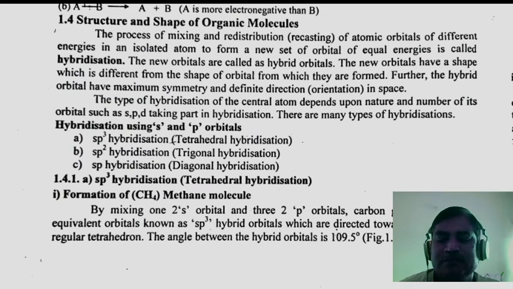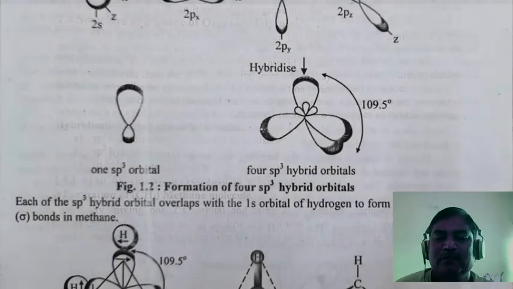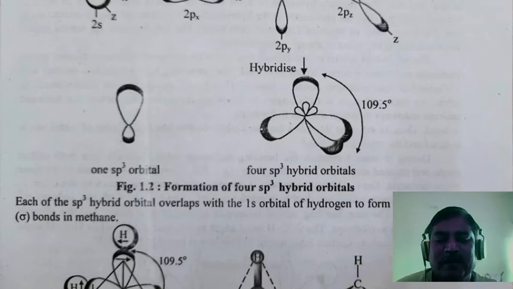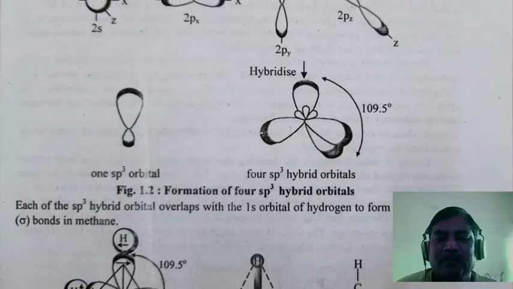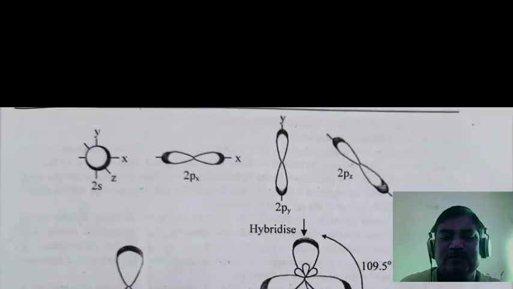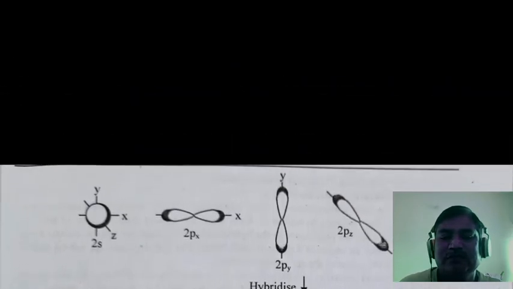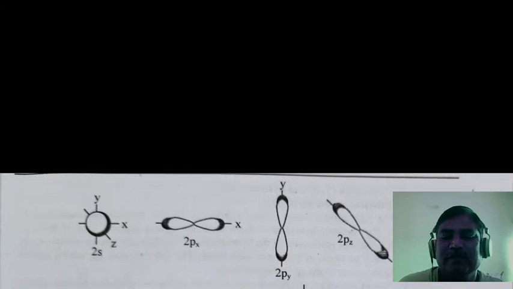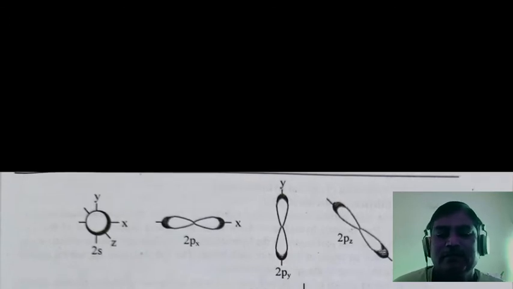Now first we see the shape and symmetry of three different atomic orbitals, which are shown in this slide. The s orbital has a spherical shape.